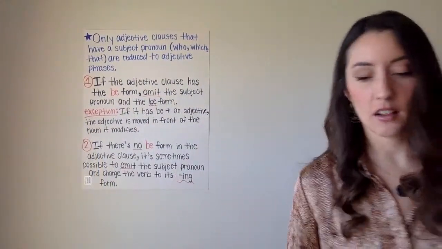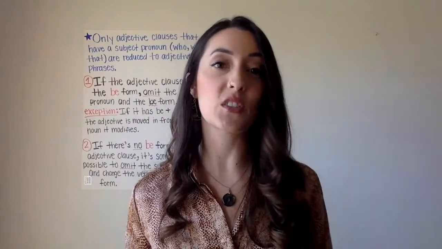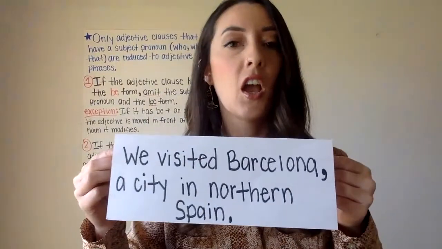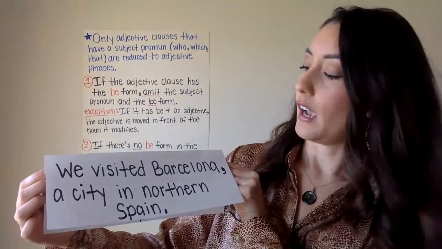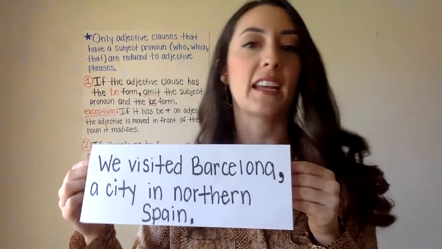And just to test your knowledge, before we start this quiz, let's do the opposite. I'm going to give you an adjective phrase, and you need to make it an adjective clause. Okay, so the opposite of everything we just went through, I already have the reduced adjective phrase, and you need to add something to make it the clause. We visited Barcelona, a city in northern Spain.